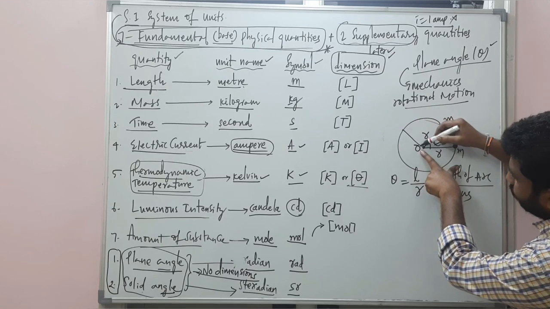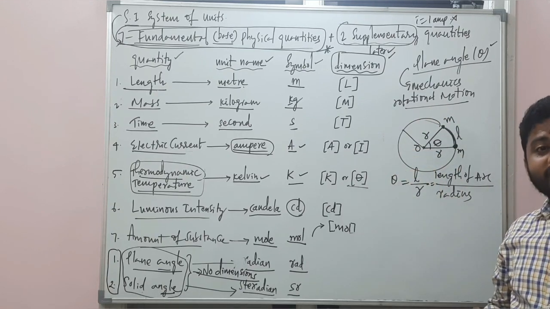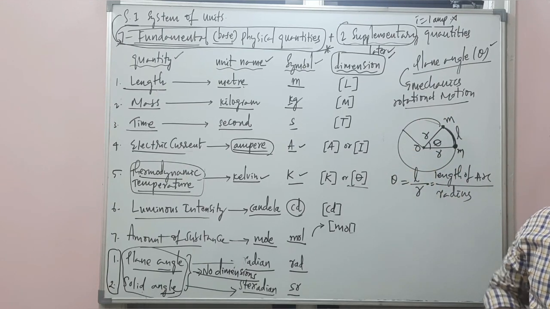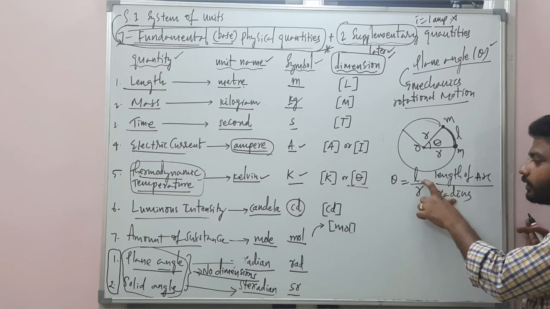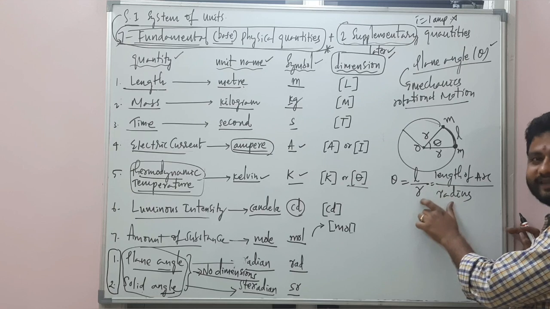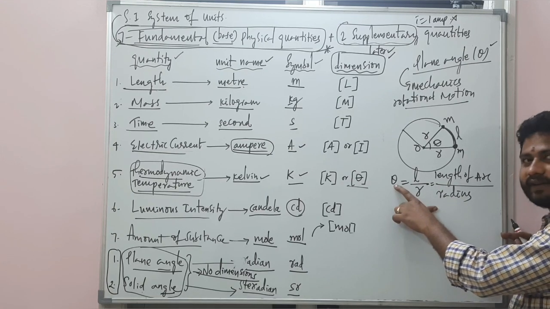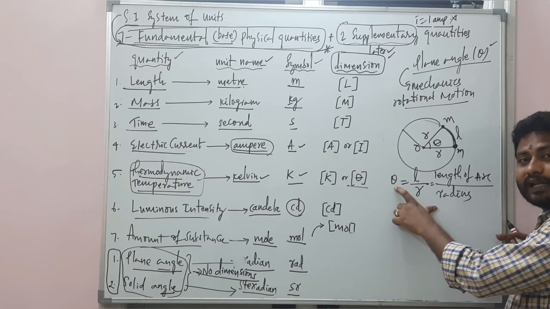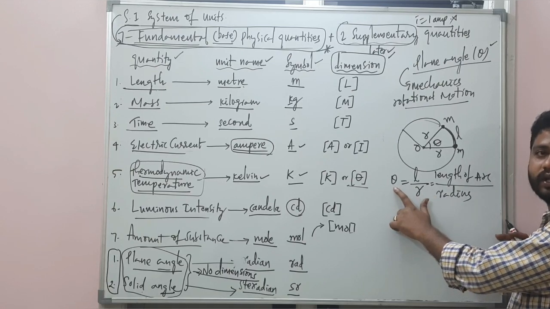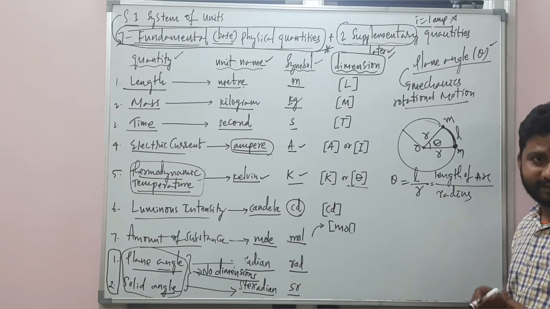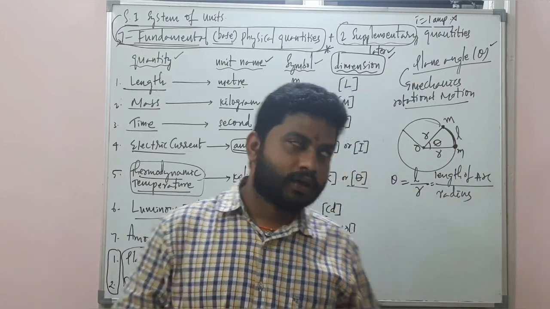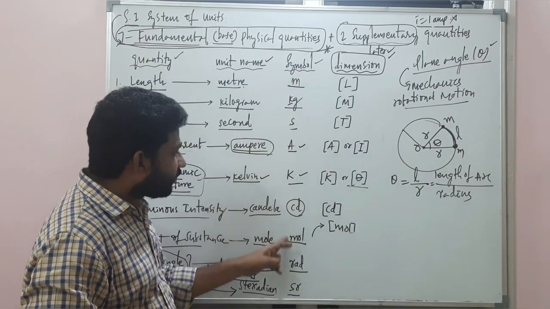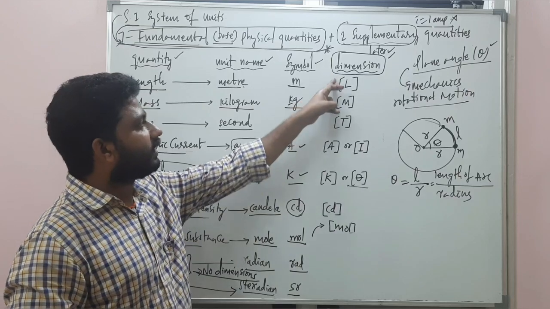Any point from the center you take, that's a radius, and the radius is also a length. And you see this ratio, length by length, meter by meter, units will get cancelled. Theta will not have any unit. A physical quantity which does not have a unit will never have dimensions. Understand? Clear? If there is a unit, there will be a dimension.